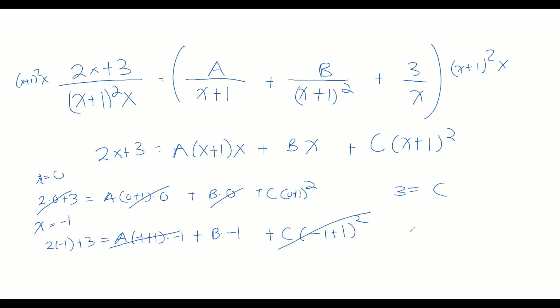So I'm left with -2 plus 3 is equal to -b, or 1 is equal to -b, or -1 is equal to b. So then I can go ahead and replace this value.